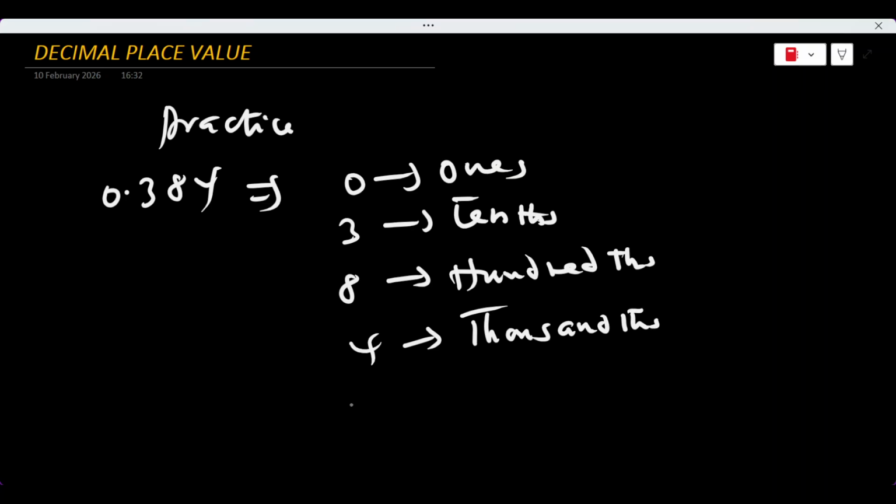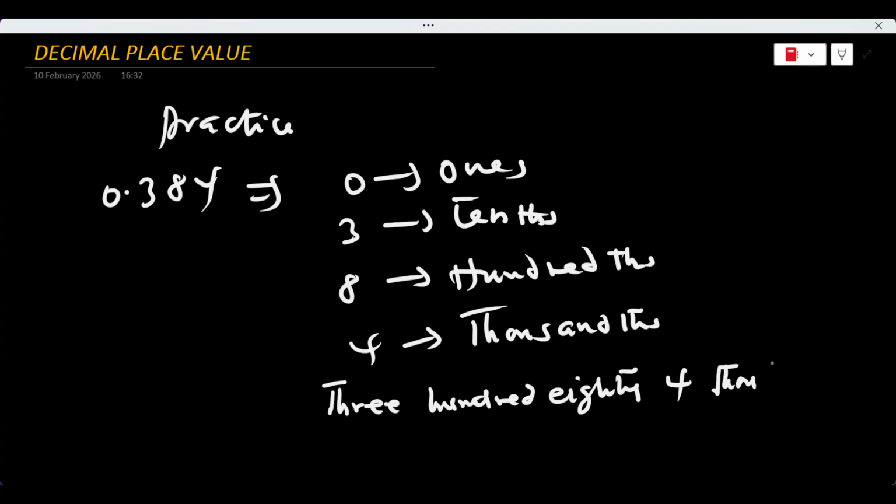We read this as 384 thousandths. I hope that is clear.